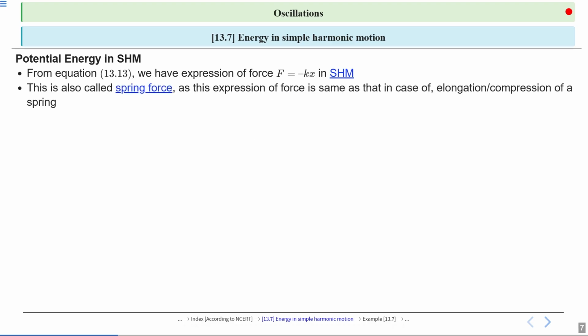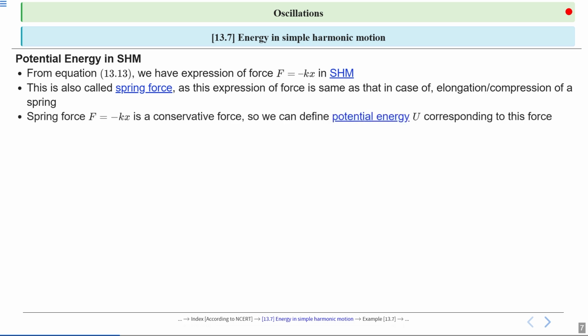This force is often called the spring force because it's the same force we see when a spring is stretched or compressed. Think about stretching a spring. The more you pull it, the harder it pulls back. The spring force is a conservative force, which means the work it does can be stored as potential energy.